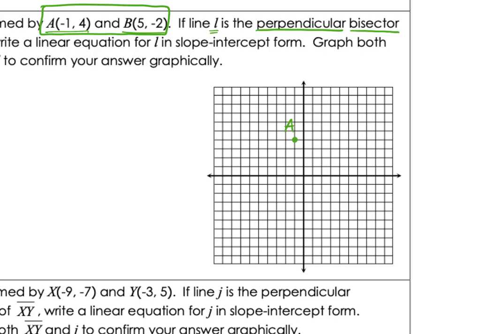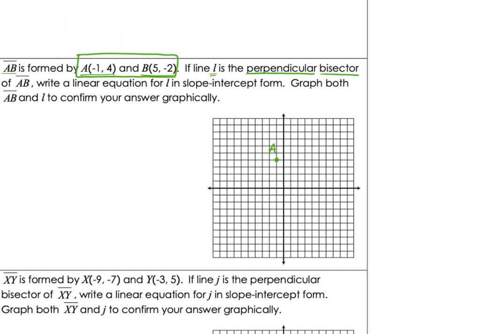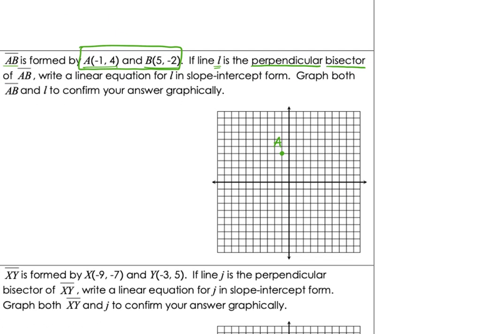That's point A. Okay, point B is at (5, -2). 1, 2, 3, 4, 5 to the right, 1, 2, down. Okay. What is that making for us right now? A segment, right? It has an end, so it's not going to keep going, but you have segment AB.